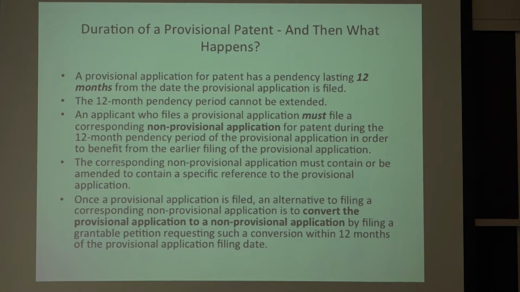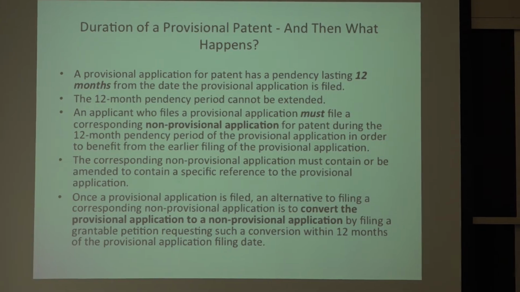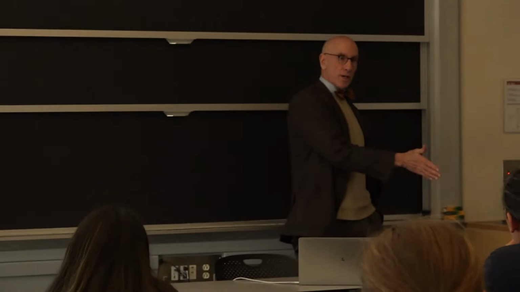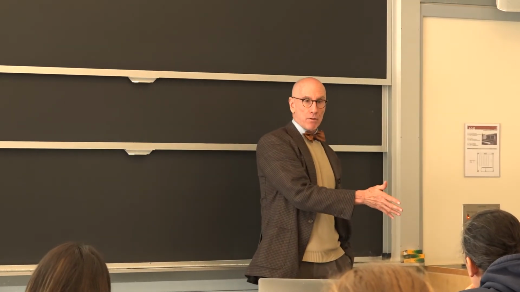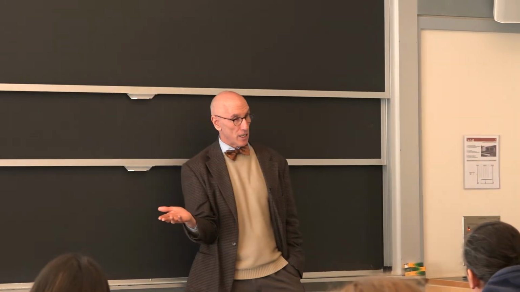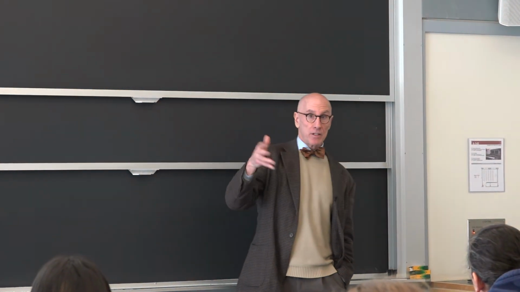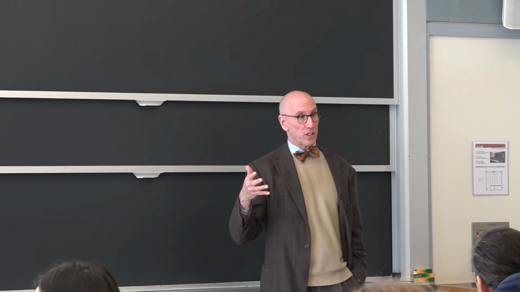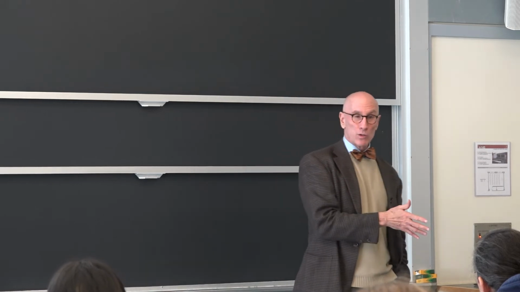And the reason for it is because when you convert, the date of the patent goes back to the original filing of the provisional. So you basically lose a year. And the idea is to protect the invention as long as possible, so you don't want to lose that year.